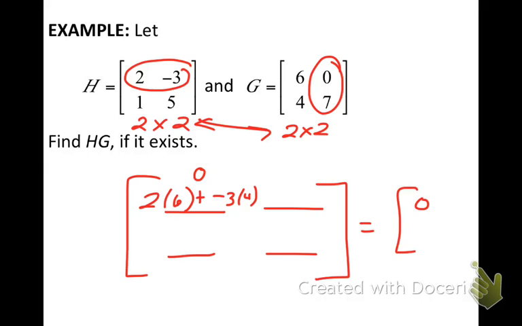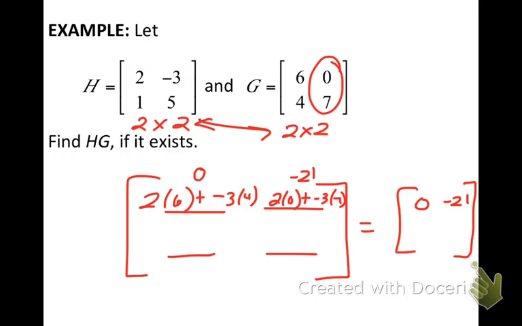So I'm going to take that 2 and I'm going to multiply it by 0. So 2 times 0. I'm going to take that -3 and multiply it by 7. And then we add them together, and then we get -21. So my element in row 1, column 2 is -21.